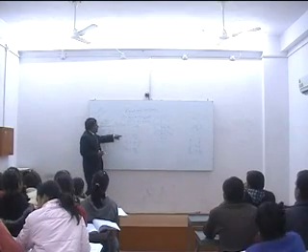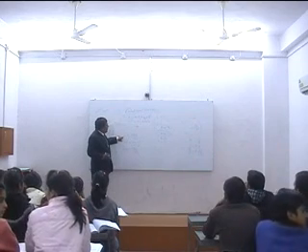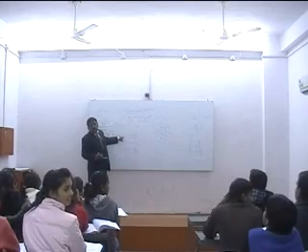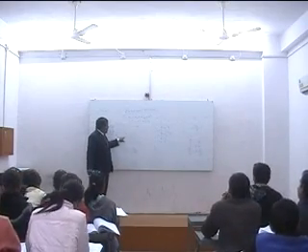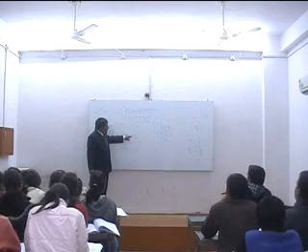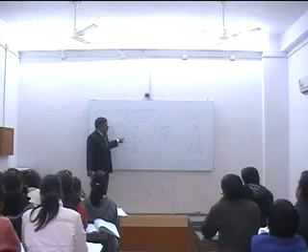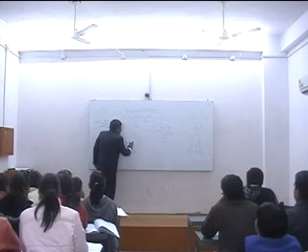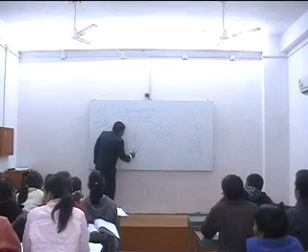In this case, delta omega by... this is average angular speed. So here we have to take the limit.